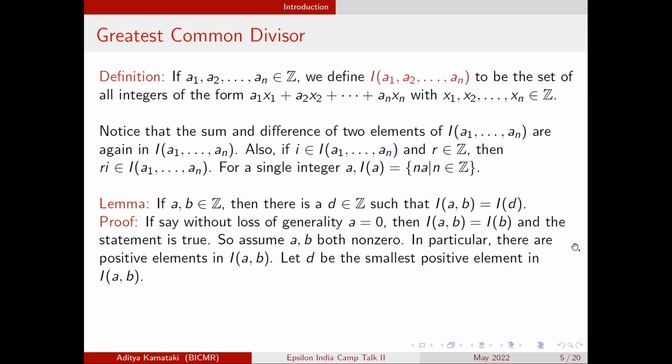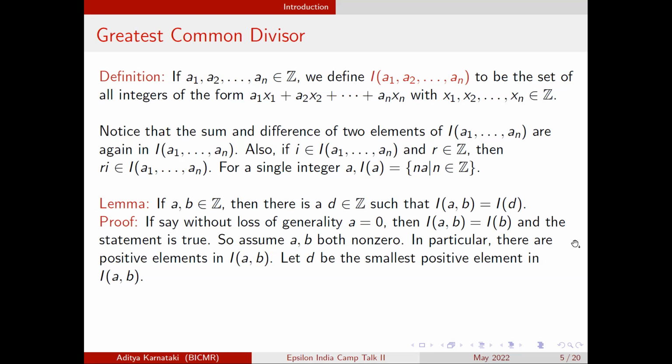As I said, we are only going to look at at most two integers of this form today. If a and b are integers, then I of ab, the set of linear combinations of a and b, is actually I of d for some integer d. You don't need two generators; you have a different, single generator for this set.